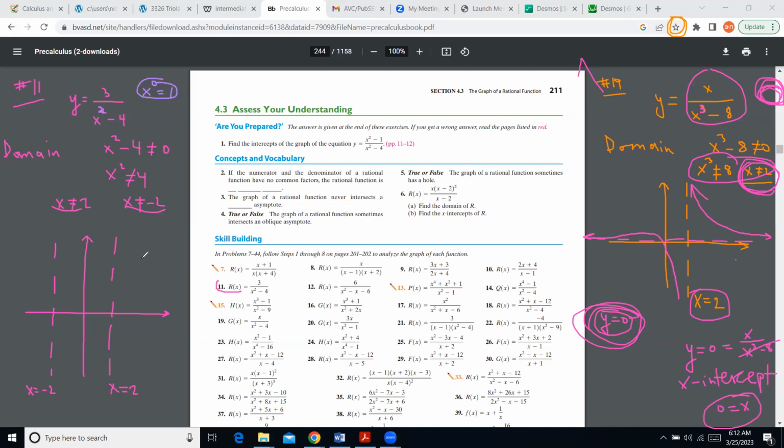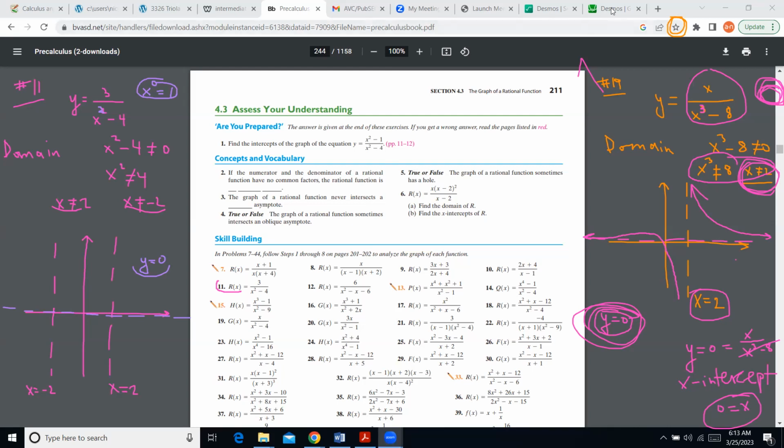Since the power of x is bigger on the bottom, then I can say that y equals 0 is another asymptote. And it's always like that. Whenever you have a denominator that dominates, then you get the asymptote, which is called horizontal.